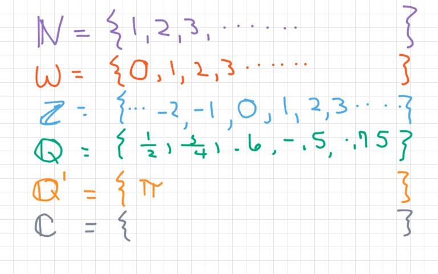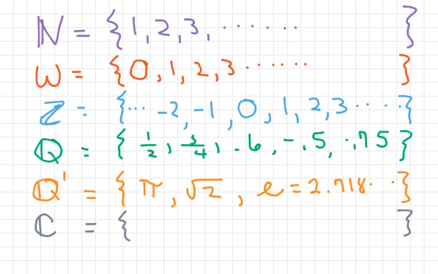Irrational numbers are those numbers that cannot be represented as terminating or repeating decimals. Okay? Square root of 2. e, Euler's constant. We're going to learn more about this year. We'll talk about how e arises, but it's usually this number, and it continues on.